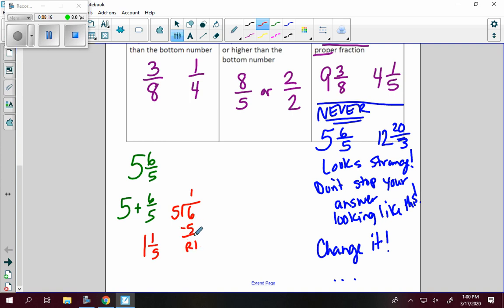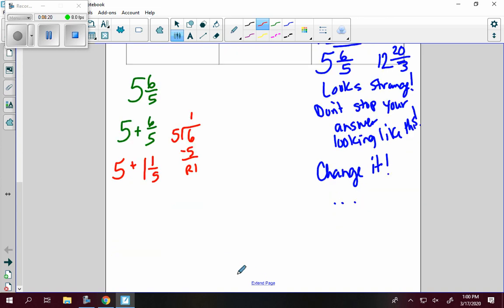So that's your new numerator. I have to still add that to my whole number 5 from before. So my final answer would be 6 1/5. So I can say that 5 6 over 5 would be equal to 6 1 over 5.